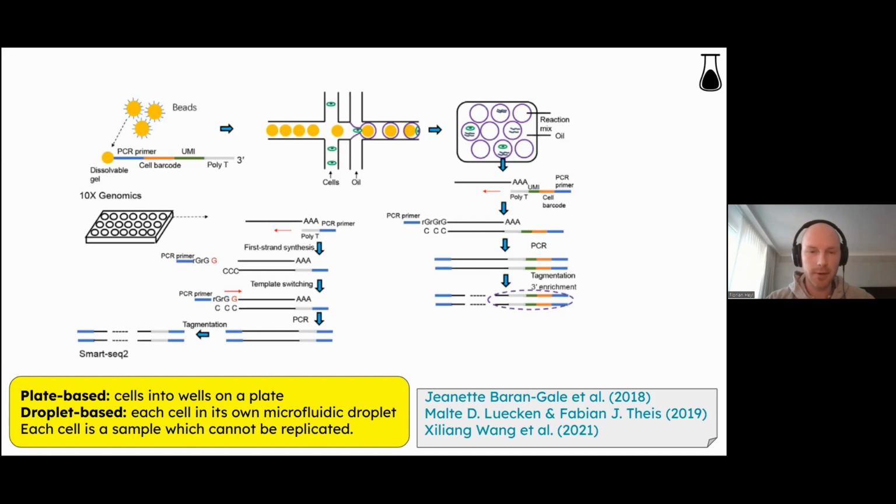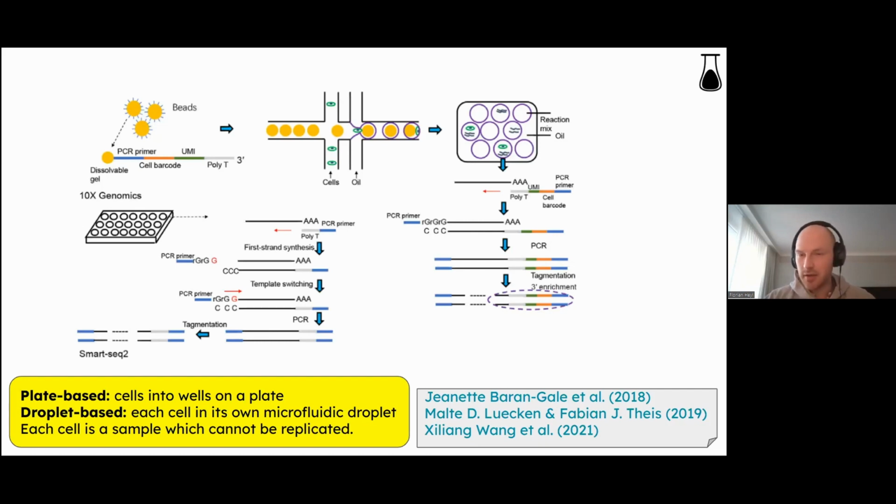So you can then also introduce fluorescent markers to your cells in order to already sort specific cell types you're interested in. And then each individual cell will be sorted into an individual well, where you then have again a mixture of primers and reagents in order to perform your PCR amplification and your sequencing.